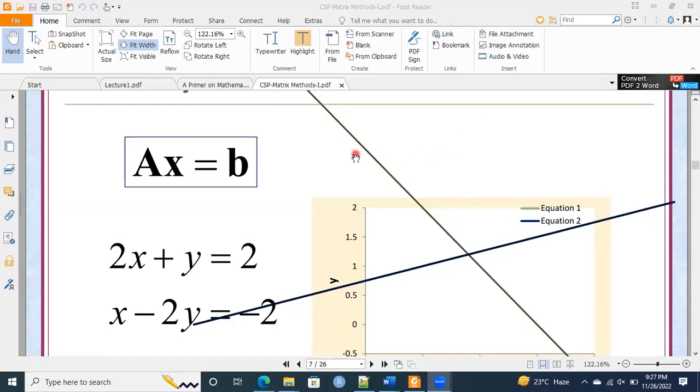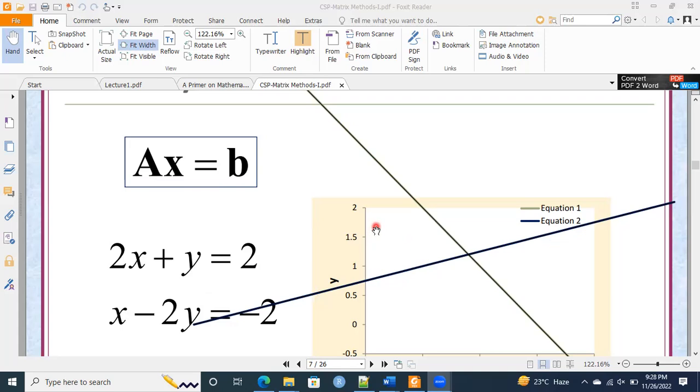This demonstration is about solving the linear system of equations Ax equals b, where we have two simple lines, where one is determined by the equation 2x plus y equals 0 and x minus 2y equals minus 2.